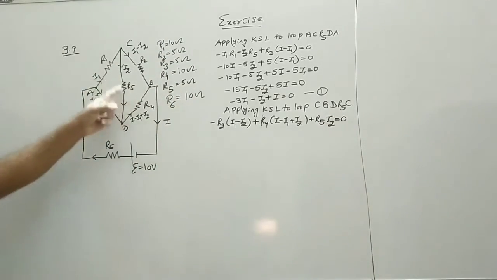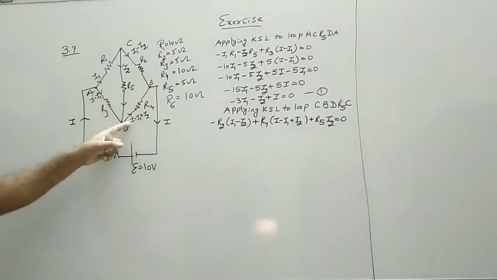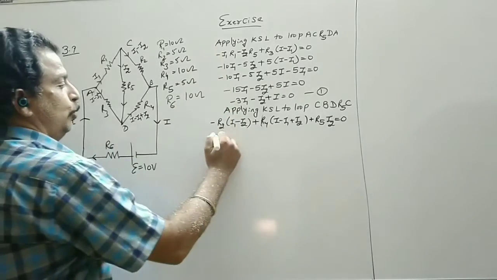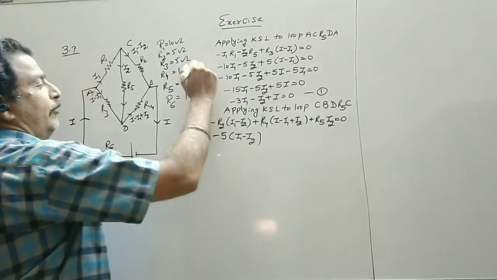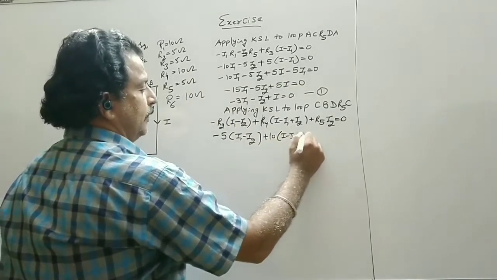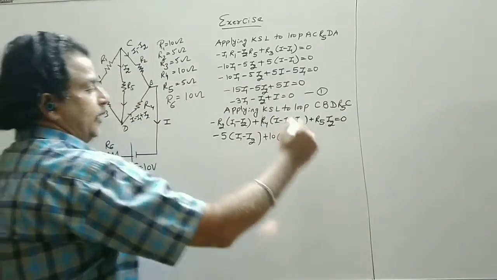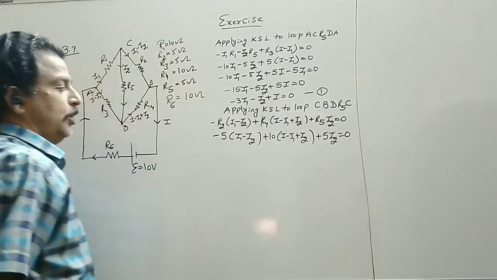Substituting values, R2 is 5 into I1 minus I2, R4 is 10 into I minus I1 plus I2, R5 that is 5, plus 5 I2 is equal to 0.